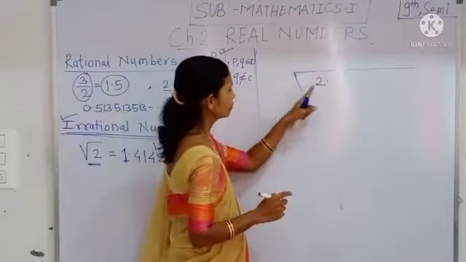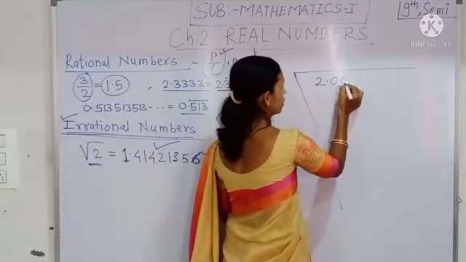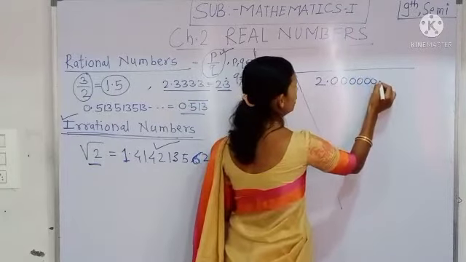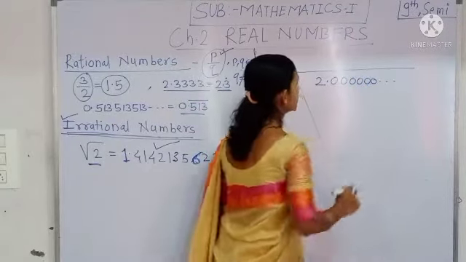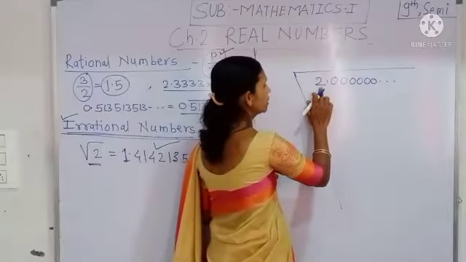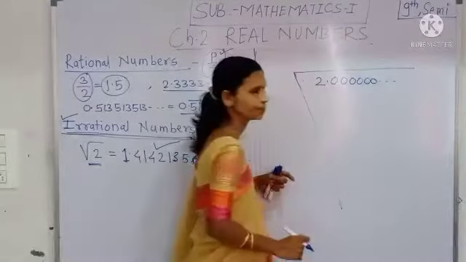Then see here, first of all we have to write that 2 in non-terminating decimal form. All of you have studied that 2 is written in the form of 2.0000 many times.